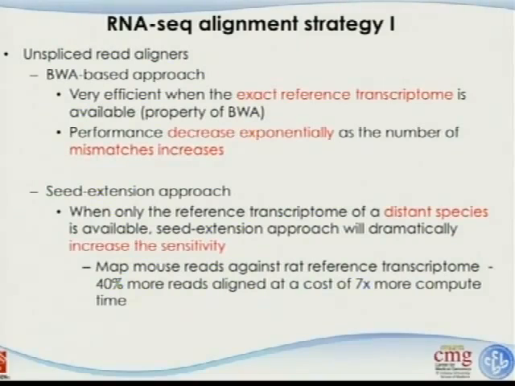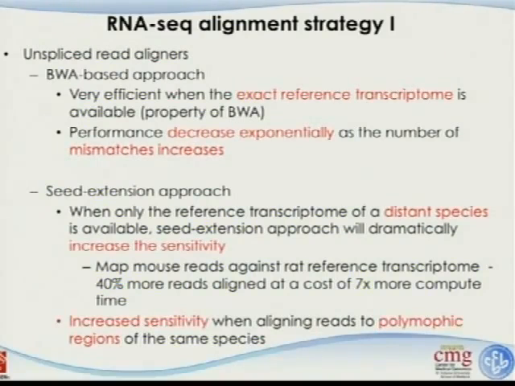A study suggested that when mapping mouse reads against a rat reference transcriptome, 40% or more reads aligned, at a cost of 7 times more compute time using the seed extension approach compared to the Burrows-Wheeler transformation type of approach. There is also an increase in sensitivity when aligning reads to a polymorphic region of the same species. So if some regions are very different and have a lot of SNPs, you probably don't want to use a BWT-based approach.